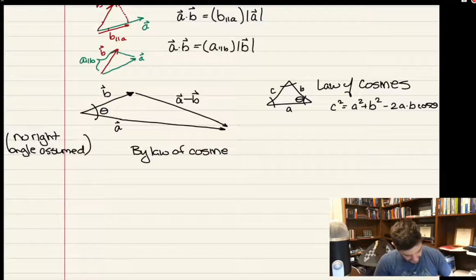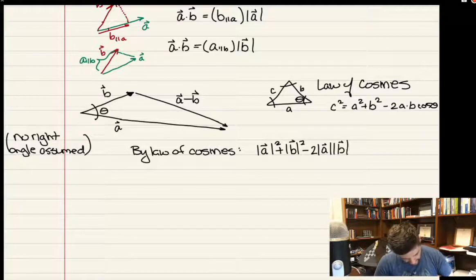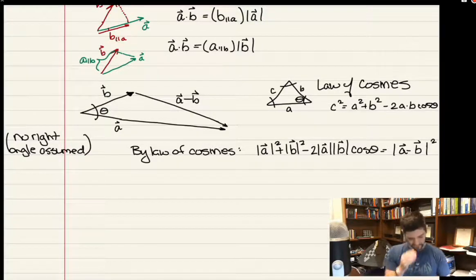By the law of cosines, the length of one side, A, squared, plus the length of the other side, B, squared, minus 2 times the length of A, the length of B, cosine theta, equals the length of the other side of the triangle, which in this case is A minus B, squared.